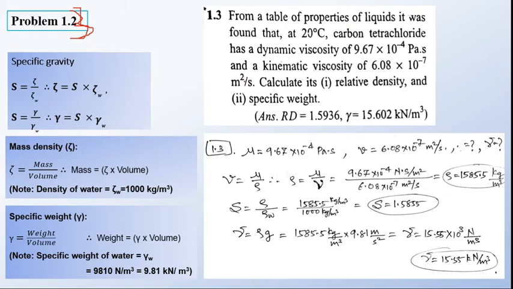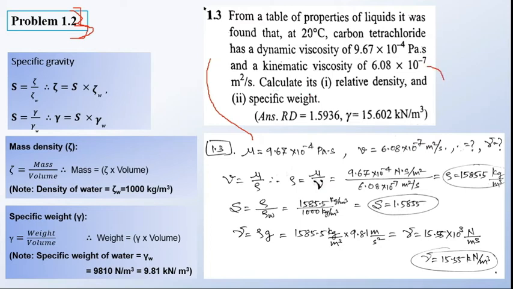Dynamic viscosity is nothing but mu. So I have noted down here mu 9.67 into 10 raised to minus 4 Pascal second. Pascal is Newton per meter square. All that you know. Now kinematic viscosity 6.08.